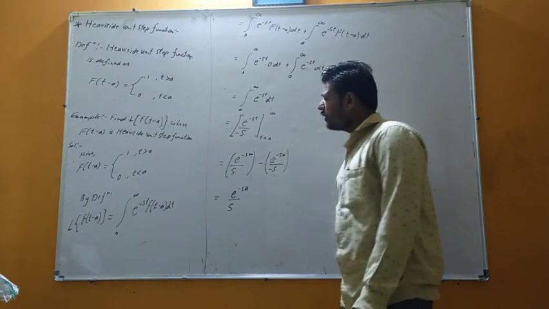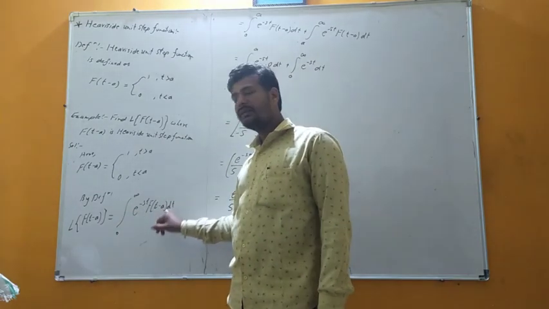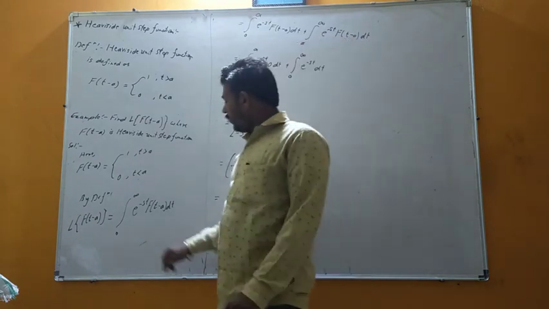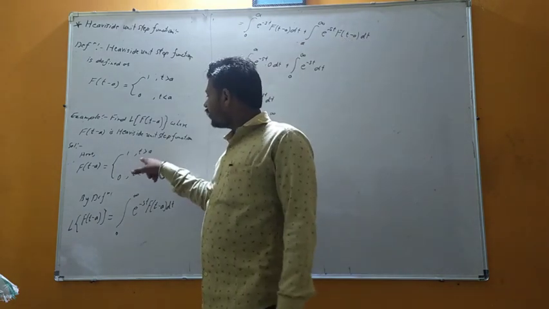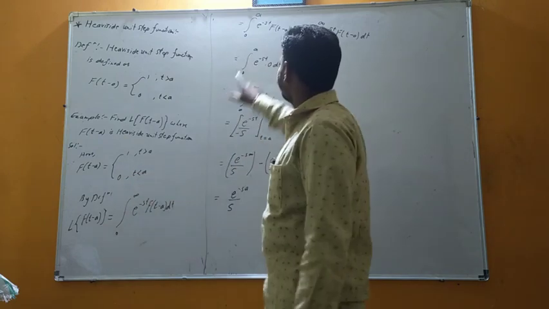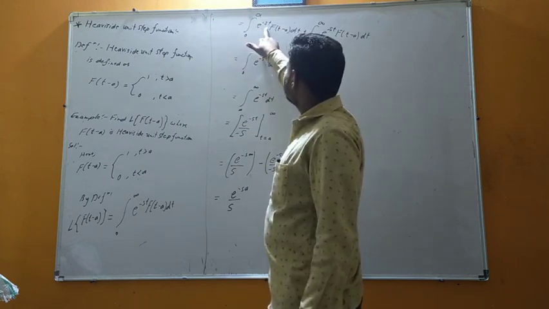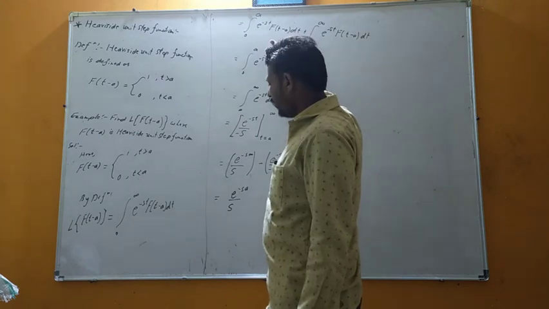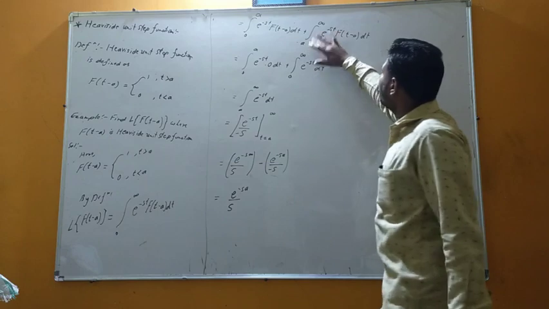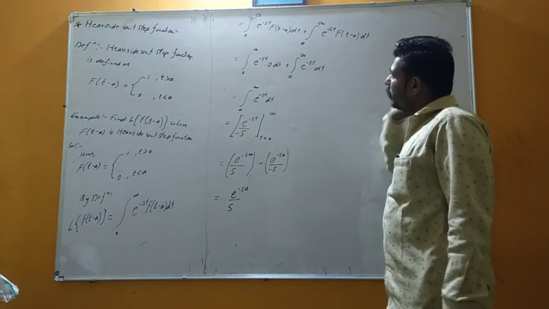Here we have two ranges, so we can split it: the integral from 0 to a of e raised to minus st into f of t minus a dt, plus the integral from a to infinity of e raised to minus st into f of t minus a dt.